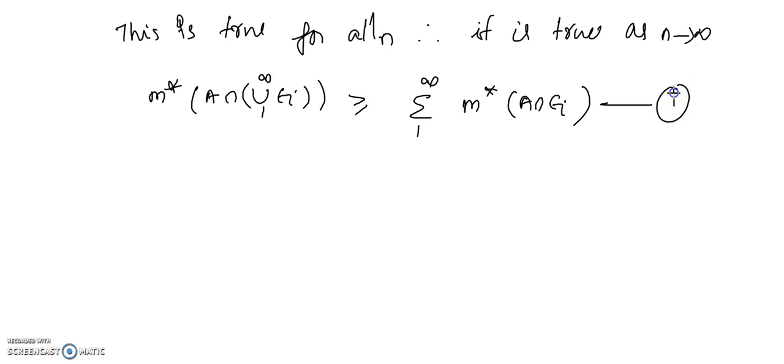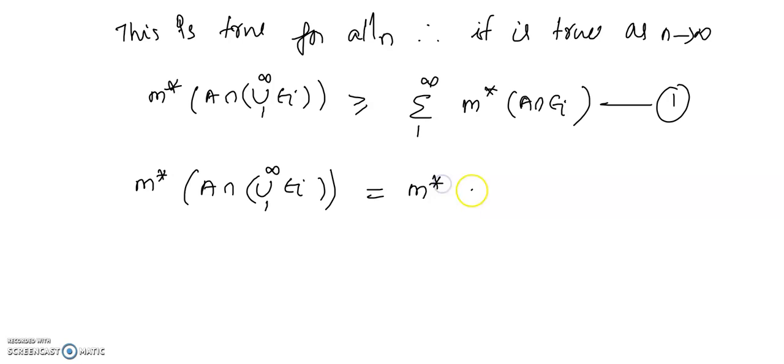So let us call this equation 1. Now if you take n star of A intersection union 1 to infinity Ei, that can be written as n star of union 1 to infinity A intersection Ei.